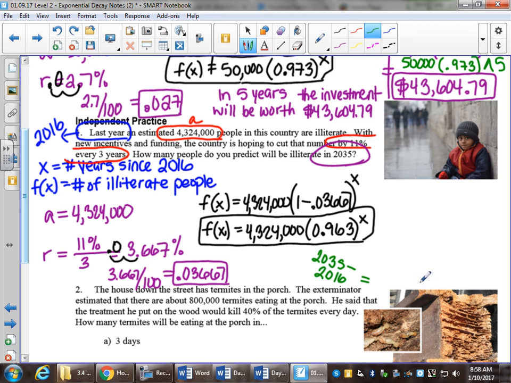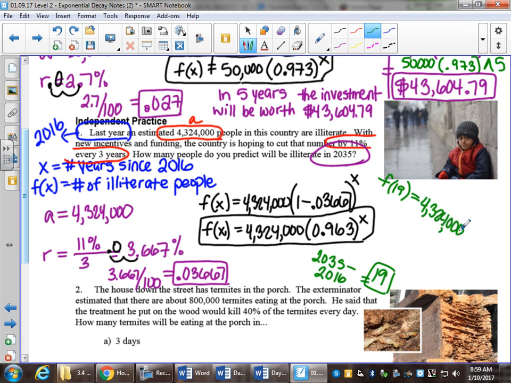What do you get? 2035 minus 2016, we get 19. That's what I'm plugging in. So f of 19 equals, and I'm just going to plug it in and do the calculator.